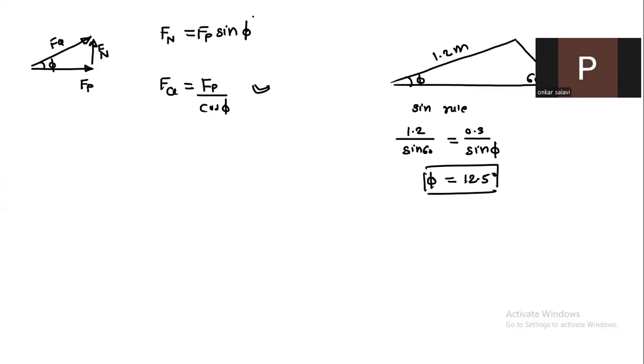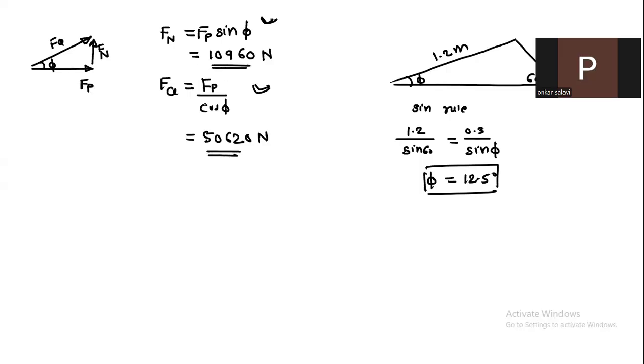Now use these two equations and find out the Fn value and the Fq value. So Fn is equal to 10,960 Newton and Fq value is 50,620 Newton. So you will get these two values.